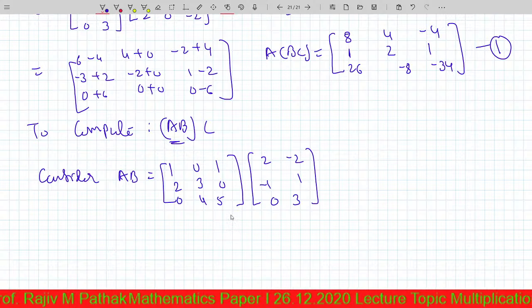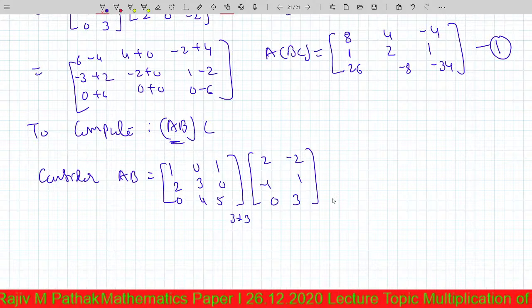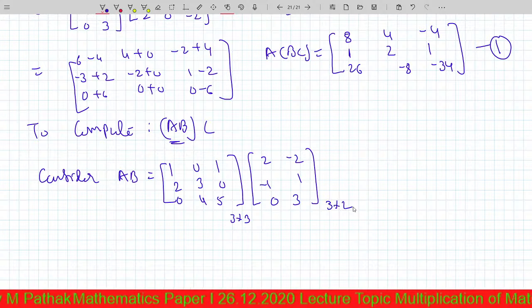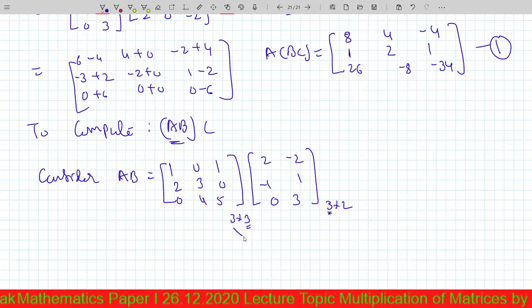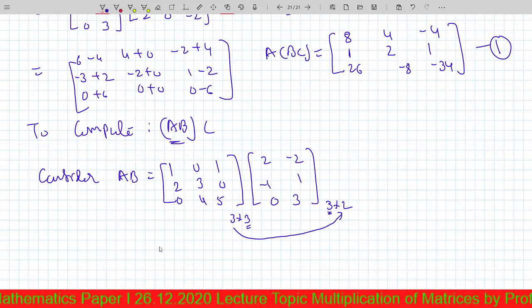See, order of A is what? 3 cross 3, and order of B is 3 cross 2. So number of columns of A is equal to number of rows of B, so multiplication exists and the order of the product will be 3 cross 2. Remember this.